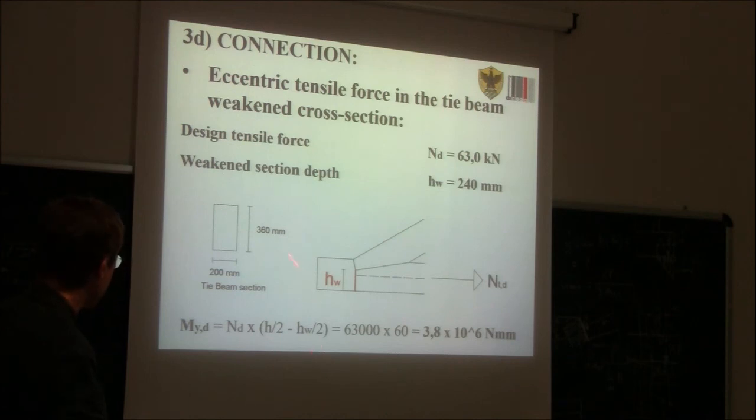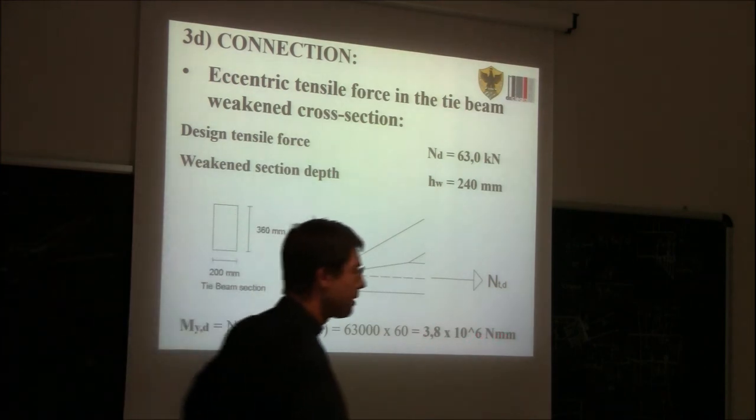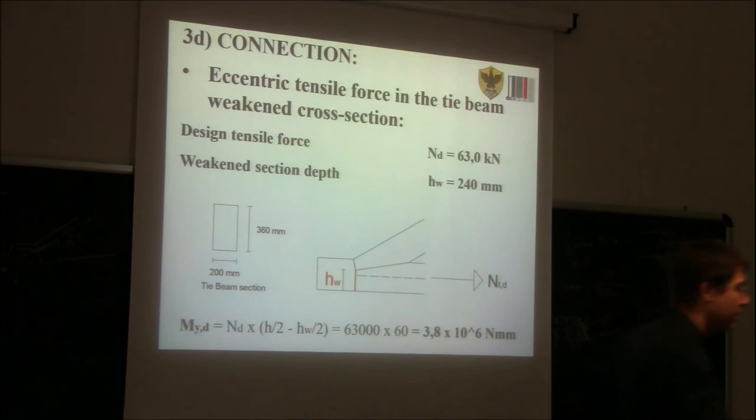The eccentricity is H divided by 2, so 360 divided by 2 minus HW 240 divided by 2. So we have 60 mm of eccentricity. So in the end, you see we have 3.8 times 10 to the power of 6 Newton millimeter of bending moment due to the eccentricity in the weak cross section.